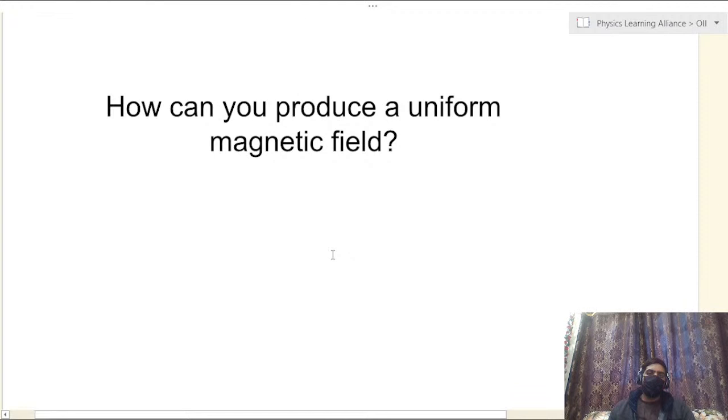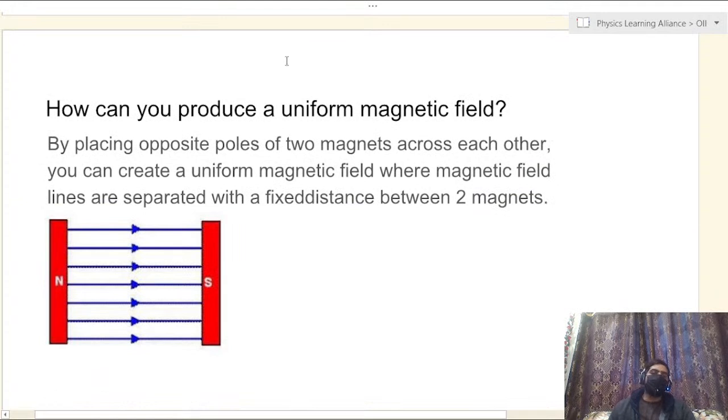How can you produce uniform magnetic field? On paper you represent uniform magnetic field with the help of parallel lines. That one represents uniform magnetic field. So the lines should be parallel and equidistant.